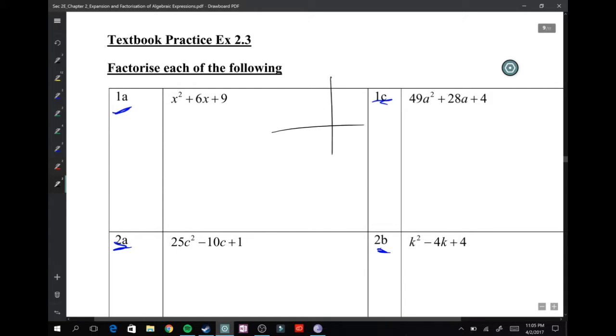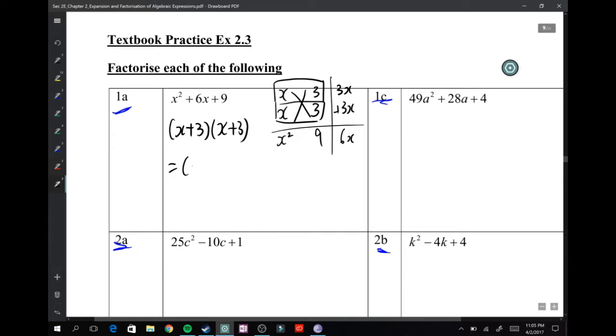Same thing: x times x gives you x squared, 3 times 3 gives you 9, do the cross thing, you get 3x plus 3x, you get 6x. The answer is x plus 3, x plus 3, which is x plus 3, the whole thing squared.